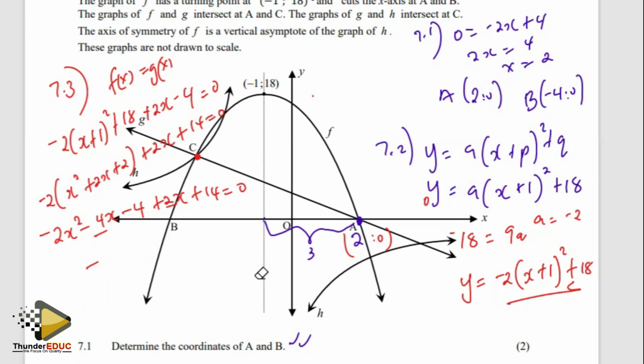Okay, so we said 18 and 4, that's a 14, which is okay, we agree. Opening this up, minus 4 minus that, which is still fine. Then when we simplify this, we're going to end up with negative 2x squared.